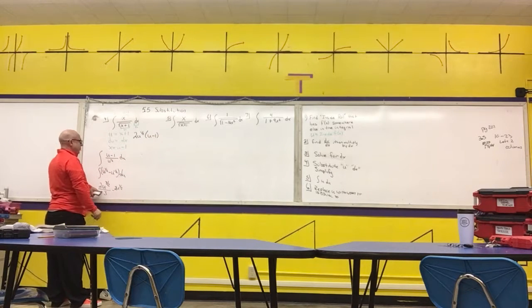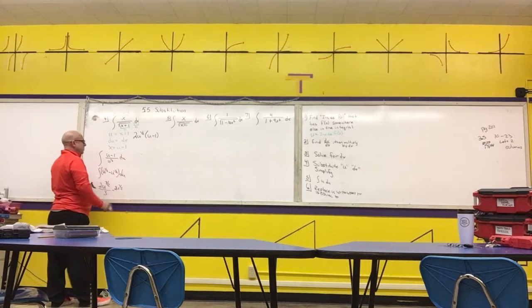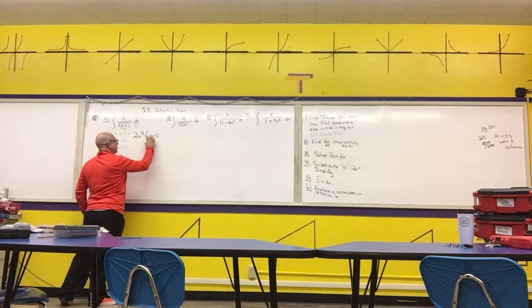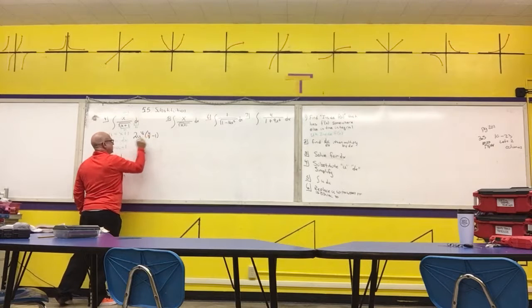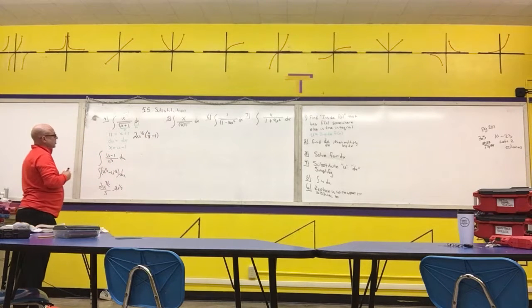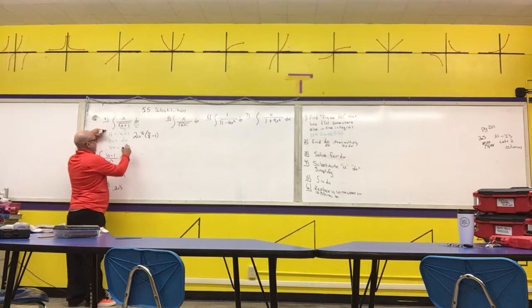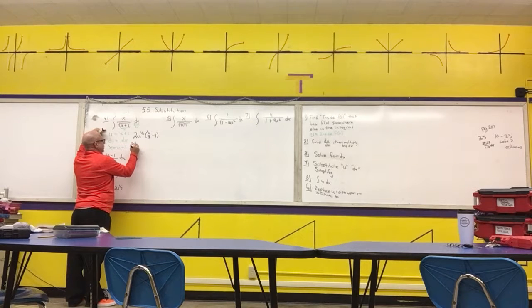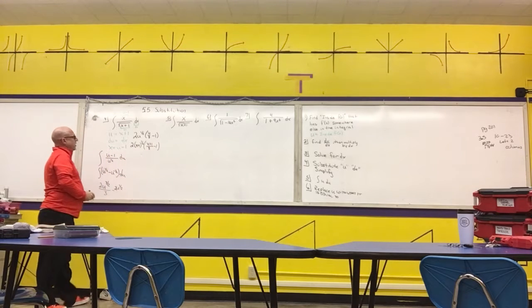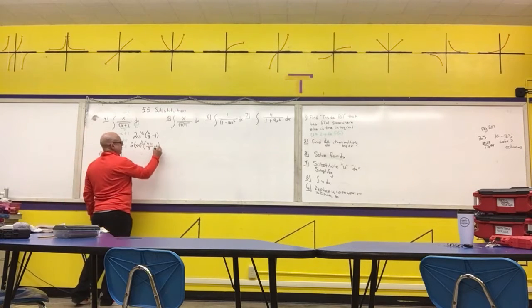And then I'm going to have a 3. It's actually u over 3 minus 1. Now I'll substitute in for my u. And I get 2 times x plus 1 to the 1/2 times x plus 1 over 3 minus 1, plus c.